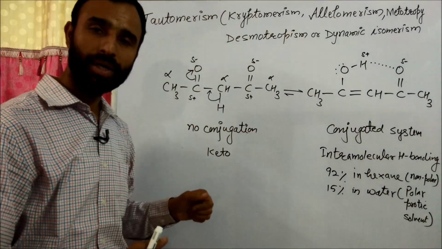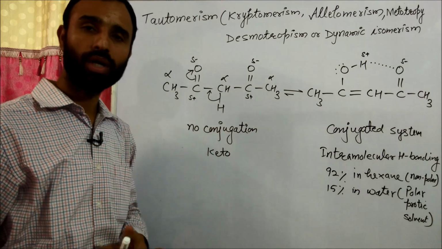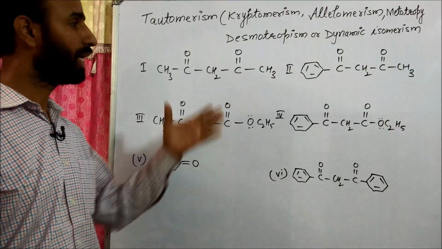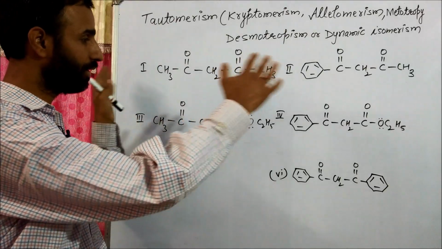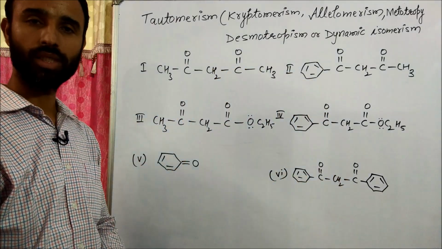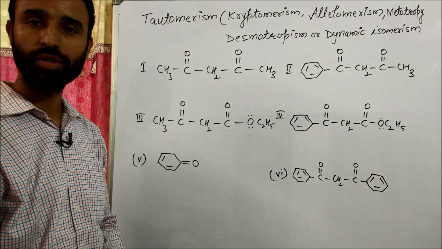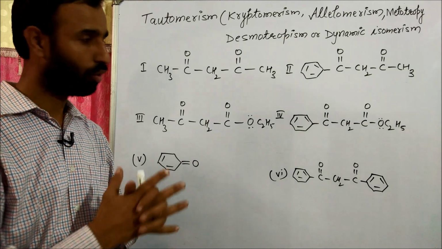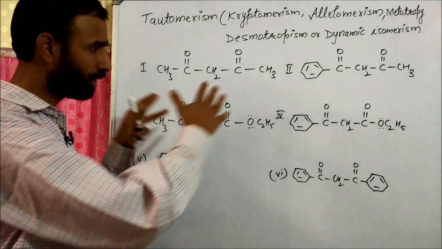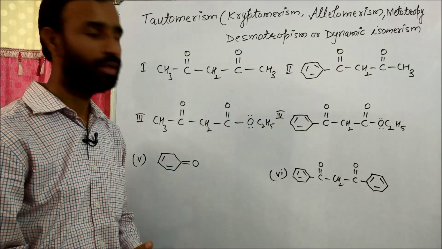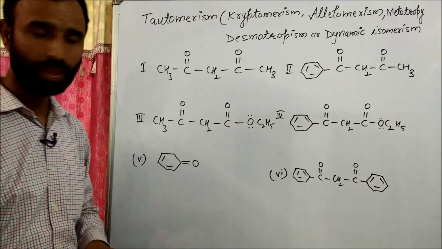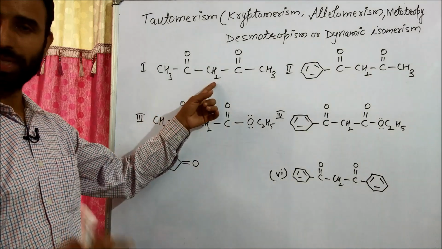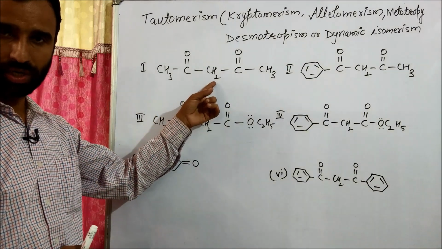Now let us compare percentage of enol content in different compounds. Okay, so let us discuss the enol content of these 6 compounds. Which one has higher enol content and what is the order of enol content? So let us discuss one by one. In first case, this is the example we have discussed earlier.